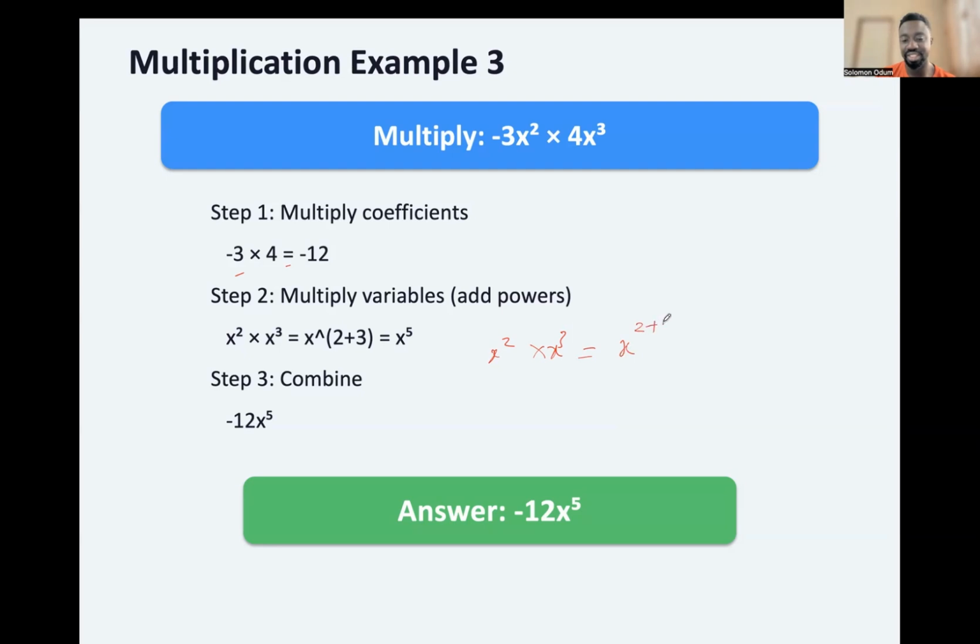You have 2 plus 3, because you add them here, which gives us x raised to the power 5. We combine them, and we have minus 12x raised to the power 5. That's the answer. Good.